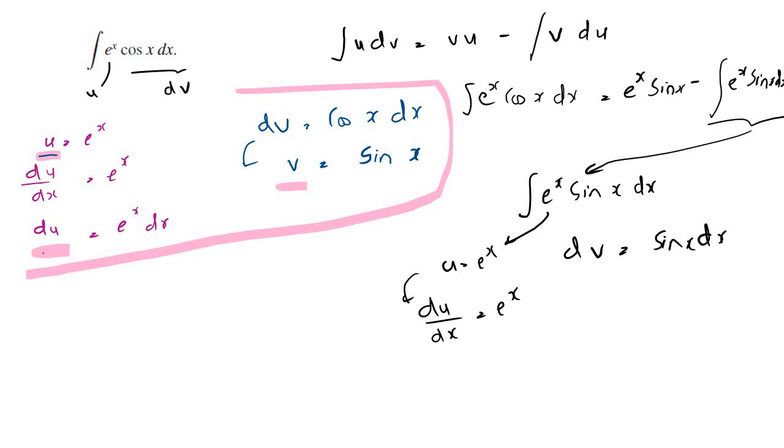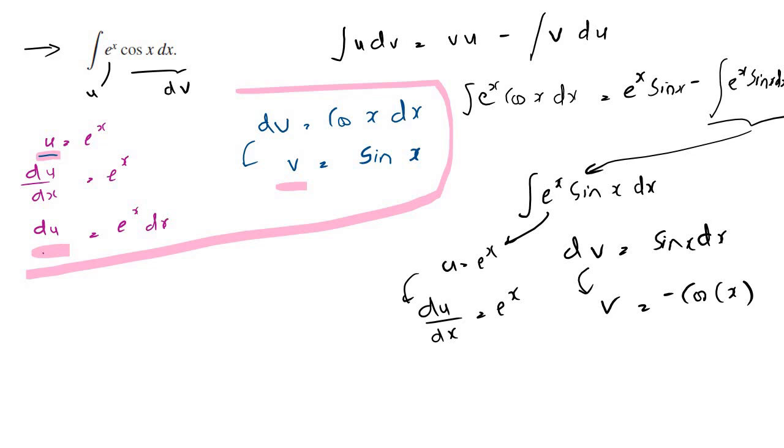Now this is the best part. When you integrate this, you get v equals minus cos x. Now you quickly see that this is similar to the function we started with over here.